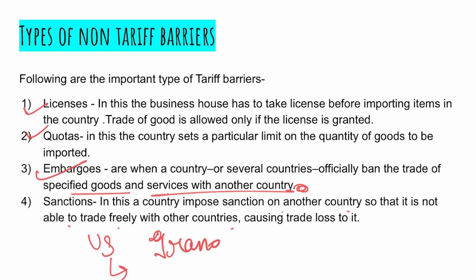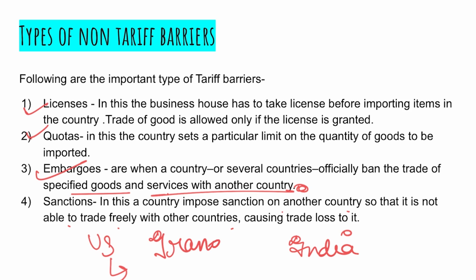For example, the US clearly communicated to India, which depended on Iran for import of oil, that if India doesn't gradually stop or reduce the oil import from Iran, then the US would sever the ties with India for providing the defense equipment that the US provides to India.